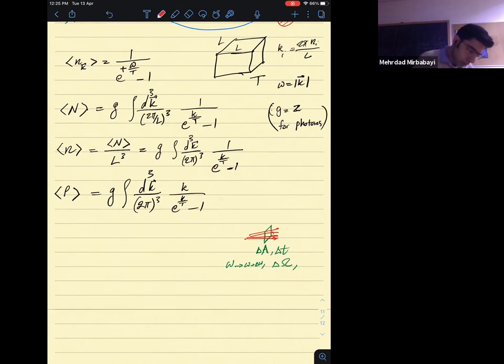So what we can do is just rewrite this expression as this n. We can rewrite it as g integral dk times d omega times k squared divided by 2 pi cube e to the k over T minus 1.